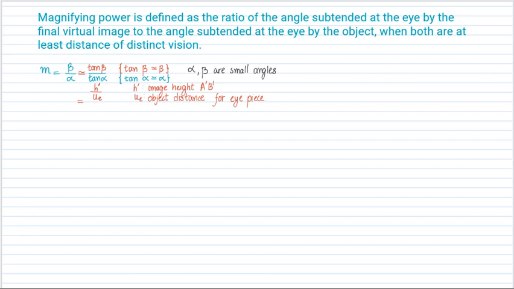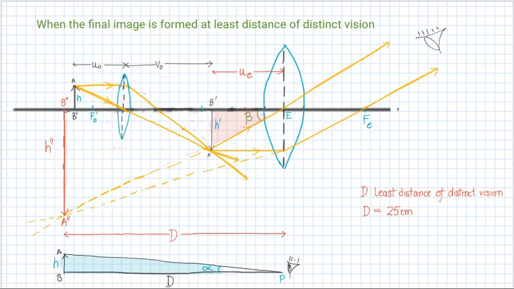In a similar manner, let's go back to your figure for tan alpha. Consider this blue triangle. Tan alpha is the ratio of the opposite side AB, which is denoted by h. This h represents the height of the object AB. So it is the opposite side divided by your adjacent side. This adjacent side is denoted by capital D, which is your least distance of distinct vision.